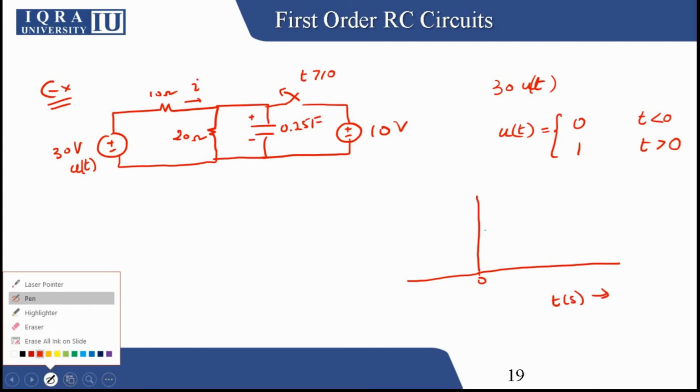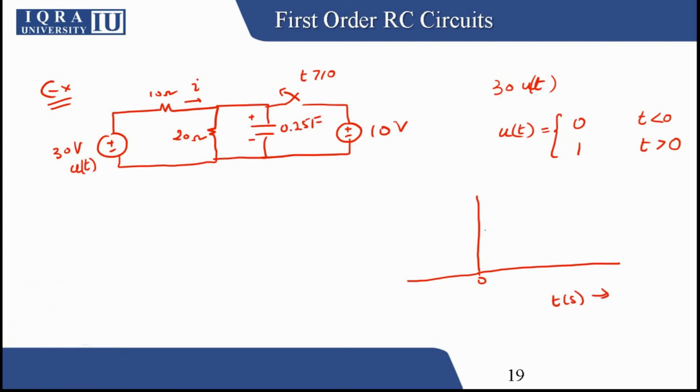Below 0 the value is 0, and then at t greater than 0, just at 0, it becomes 1 and stays at 1. This is the u of t amplitude, and this is time.